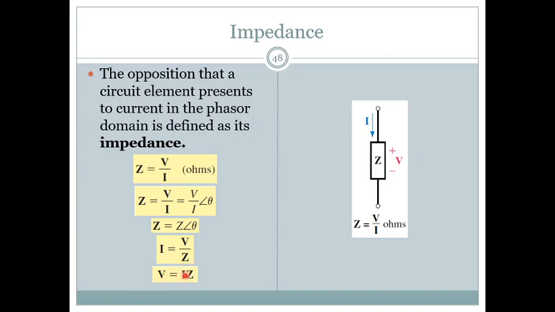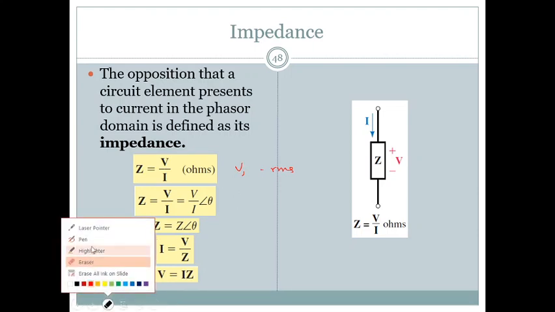So V is equal to IR. The equivalent here is V is equal to IZ. Now here, as we can see, V and I are the RMS values. They are capital letters, so V and I are RMS values.